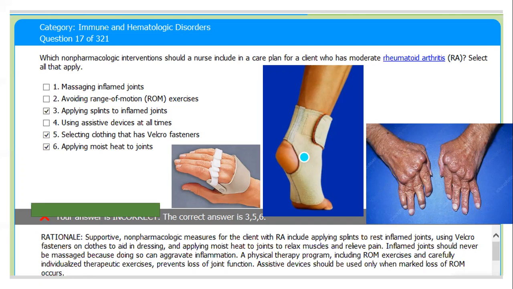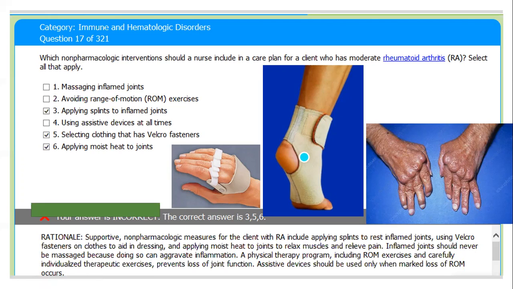And also number 5, selecting clothing that has Velcro fasteners. So we use a special kind of device or clothing that can prevent deformity of the joints. Also number 6, applying moist heat to the joint.